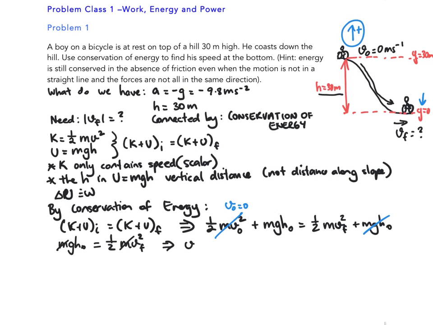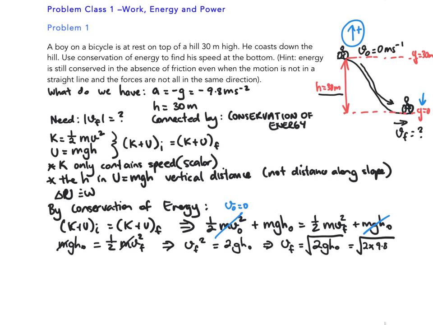Just by doing some algebra, vf squared equals 2gh naught. Therefore, v final, which is what we're looking for, is the square root of 2gh naught. We can throw some values into that now. Square root of 2 times 9.8.